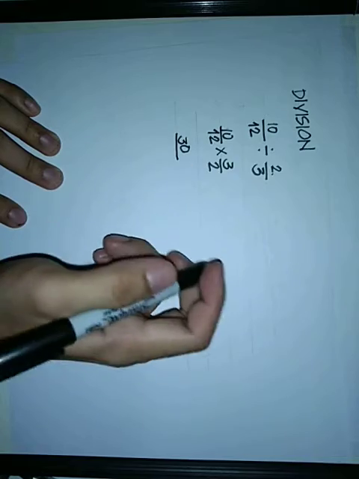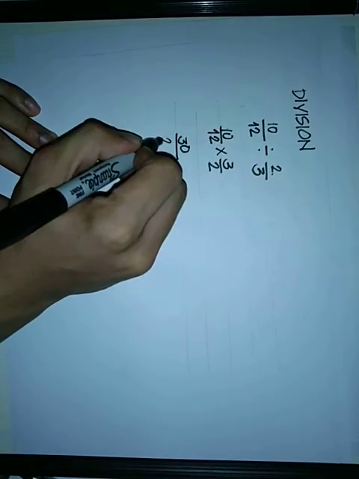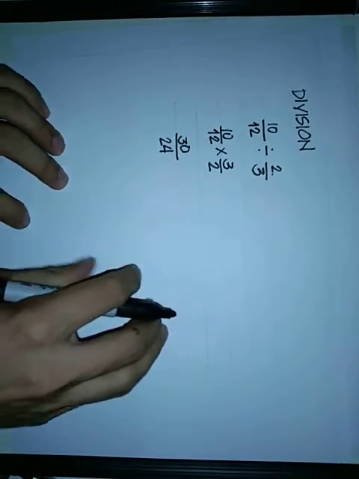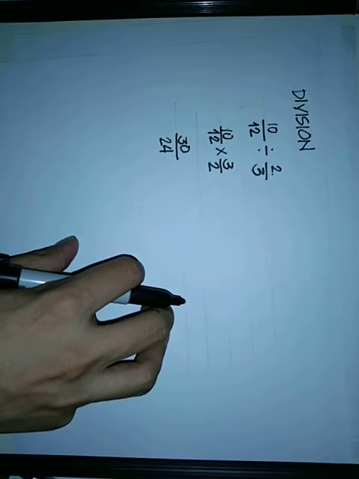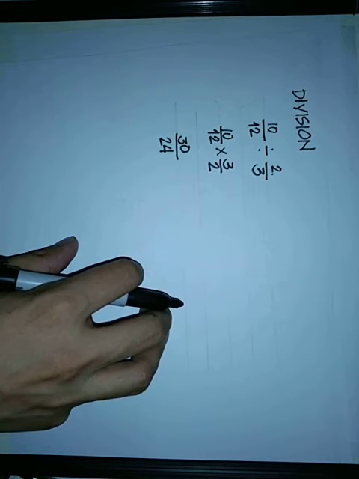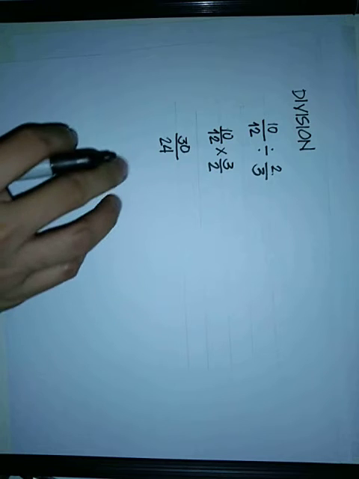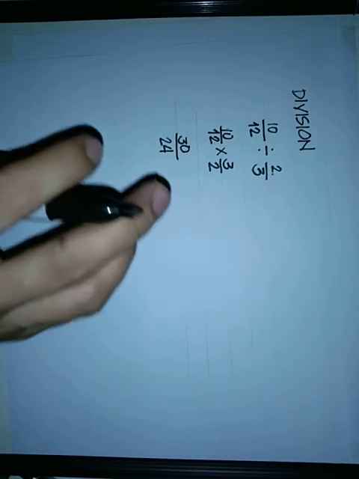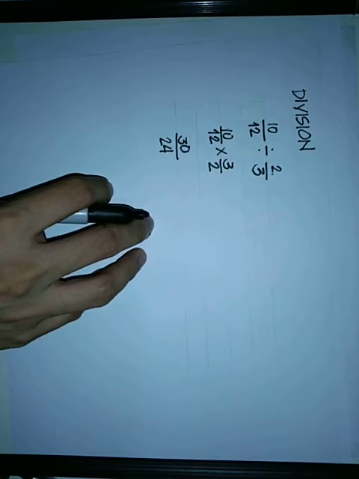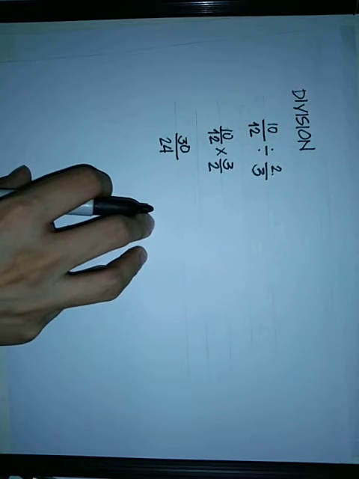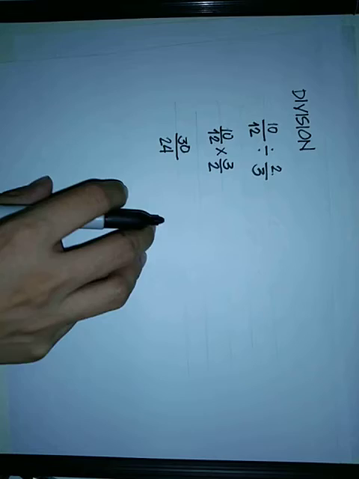And then 12 times 2, we have 24. So, since ito ay dissimilar and improper fraction, pwede natin siyang i-convert into proper fraction or mixed number.